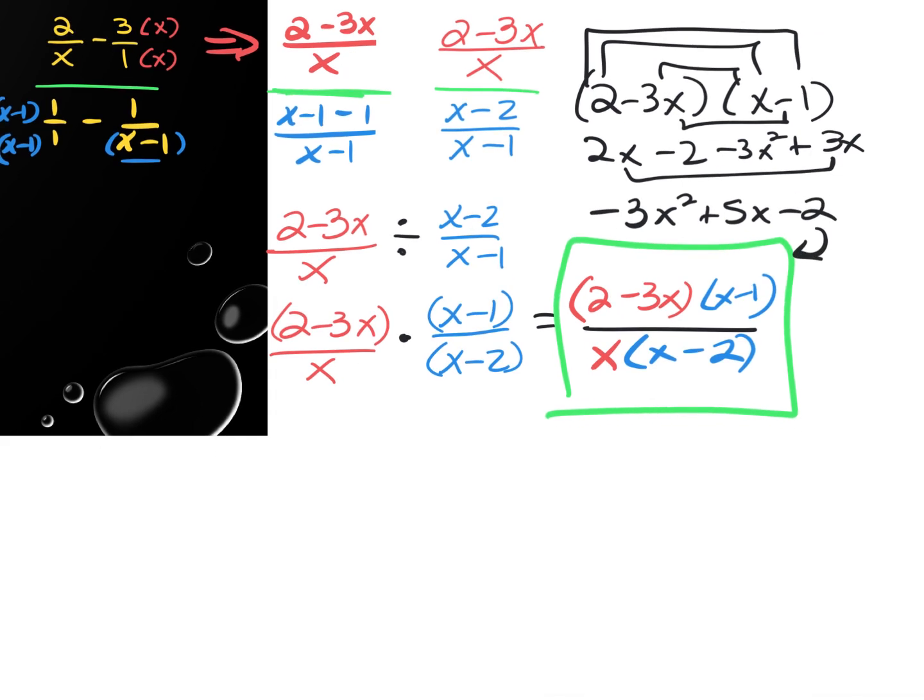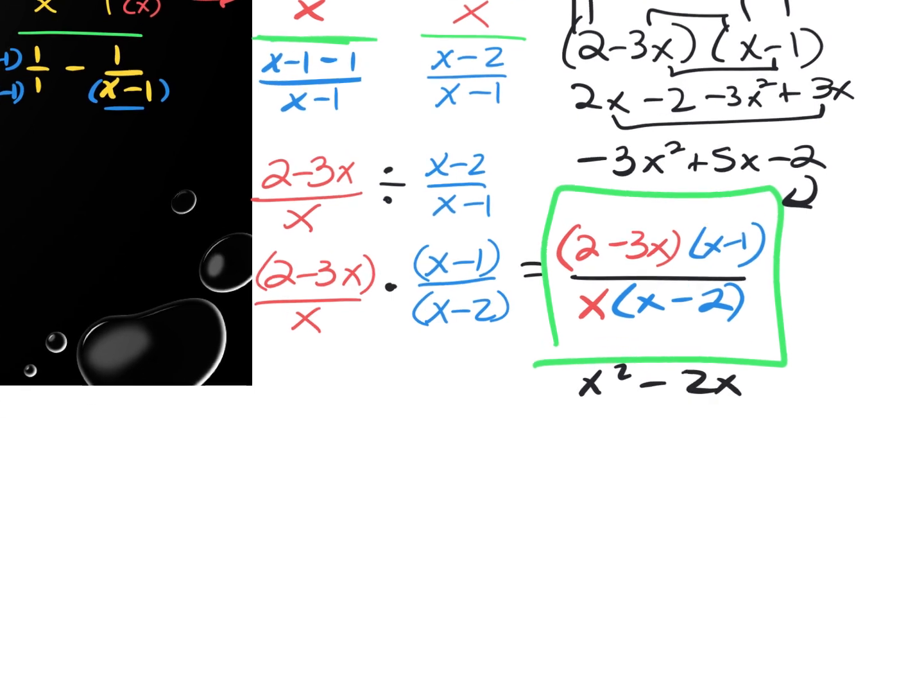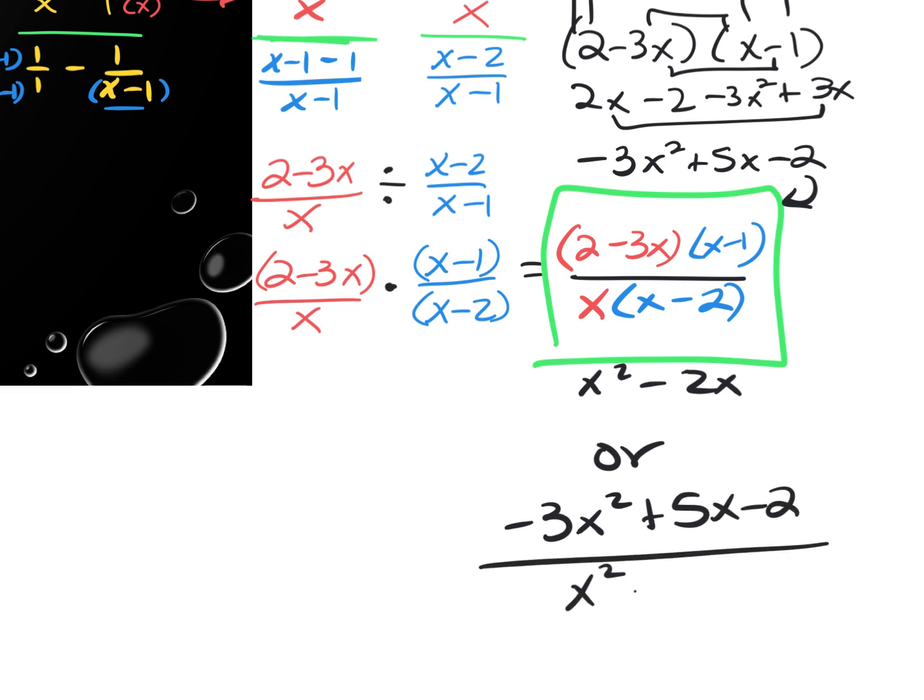And then if I distribute the bottom, I get x squared minus 2x. So I'm okay with you leaving what I have boxed in green, or negative 3x squared plus 5x minus 2 over x squared minus 2x. I'm okay leaving it green, but recognize that these are two equivalent expressions if they were to have multiplied it back, in case you see this on an SAT or the PSAT.